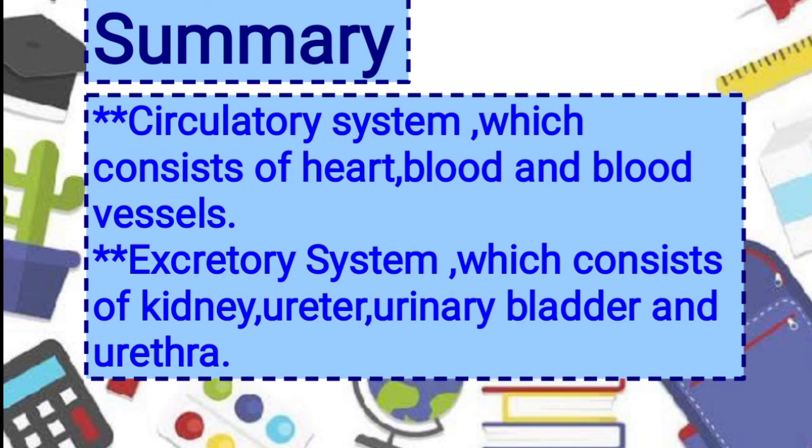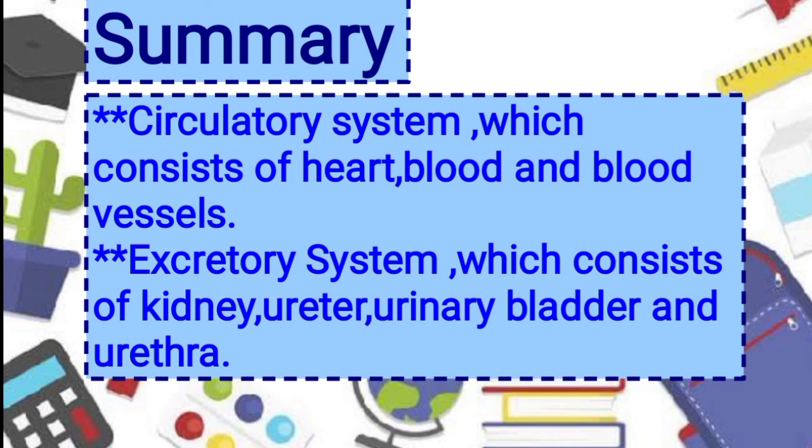Then we have learned about the excretory system, which is an organ system that helps in getting rid of waste from inside our body. And this system consists of a pair of kidneys, a urinary bladder, a pair of tubes called ureters, and urethra. And what is the function of the excretory system?